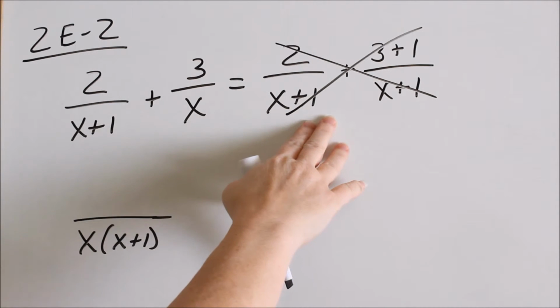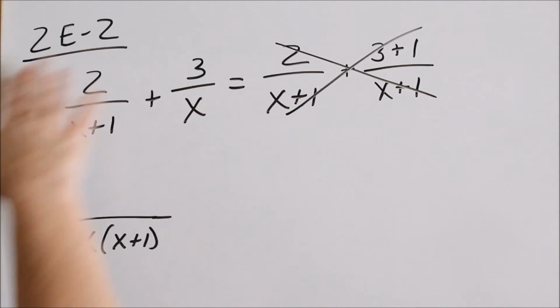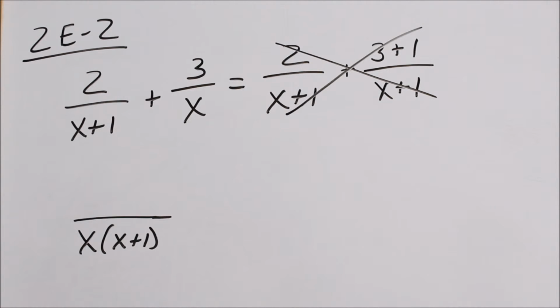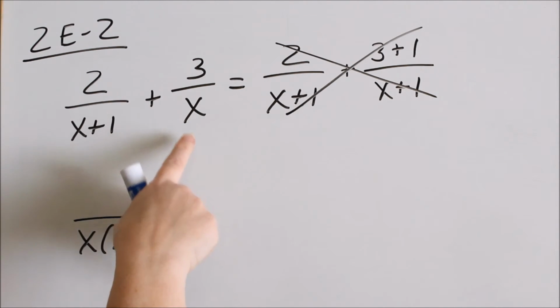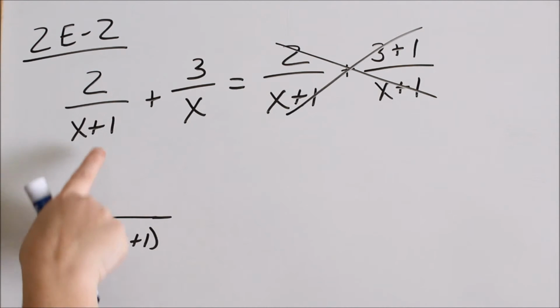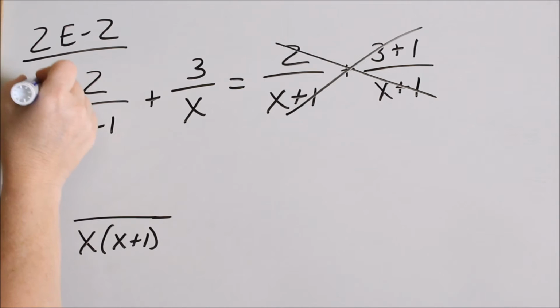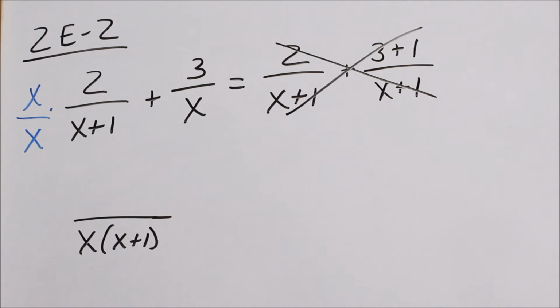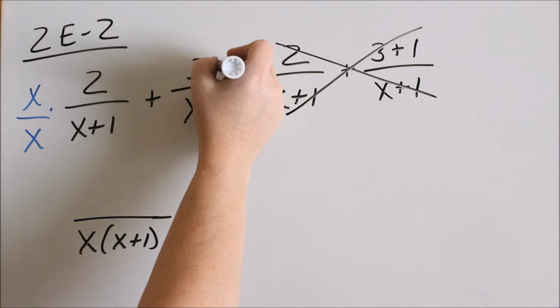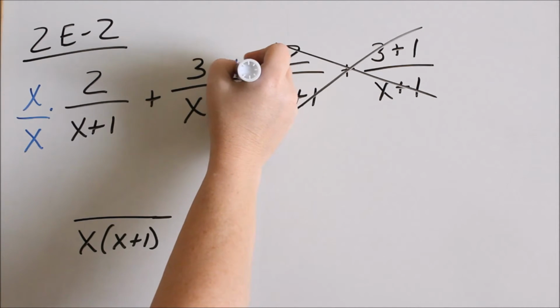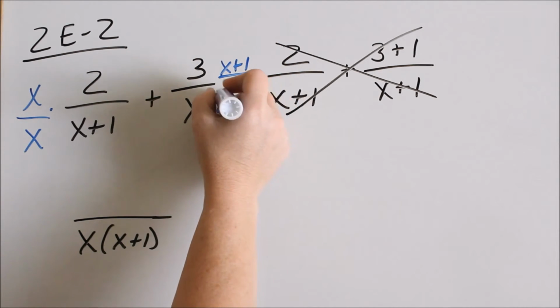So in order to write the correct answer on the right, you have to go through working this problem. Okay? So now we know our common denominator is going to be x times x plus 1. Well, to get my common denominator, this one needs an x. I need to multiply an x to both the numerator and denominator. For this one, I need to multiply an x plus 1 to both.